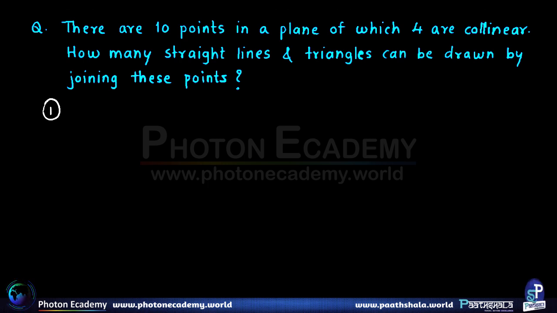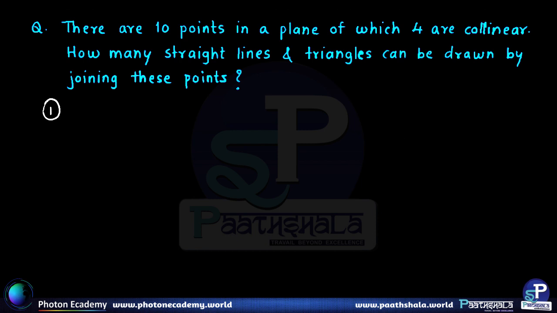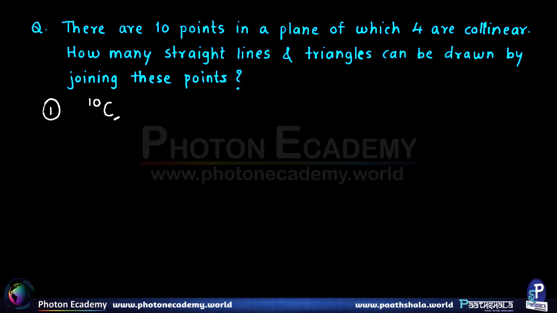Now if we assume that the 10 points were such that no three of them are collinear, then in that case the number of straight lines would have been 10C2, because that's the number of ways of selecting 2 points from 10 points. But in the given problem we have 4 of the points to be collinear.